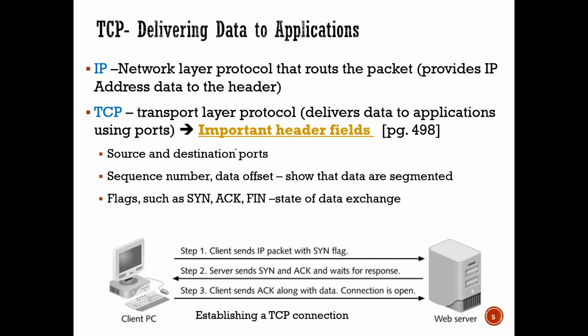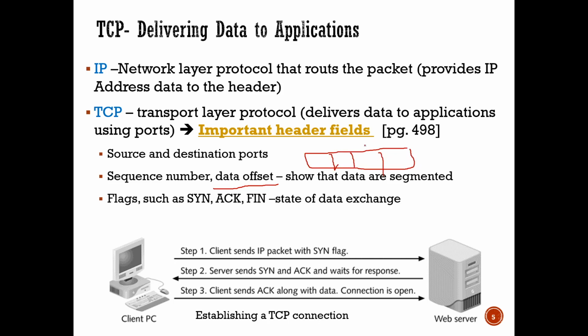So here there is a header field. There are some important header fields within the TCP packet itself, for example source and destination port, sequence number, and data offset. The data offset shows how many segments there are in that packet, because some packets are kind of big, so we need to segment them.